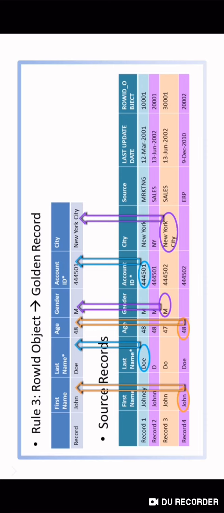Now the final rule is the ROWID XREF. If the ROWID object is still the same for similar records, then the final rule, ROWID XREF, will be applied. And this way, the golden copy of the record will be created by using these four rules.